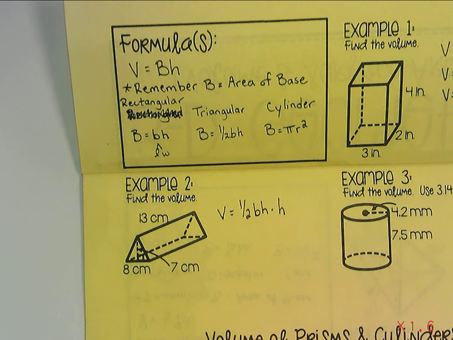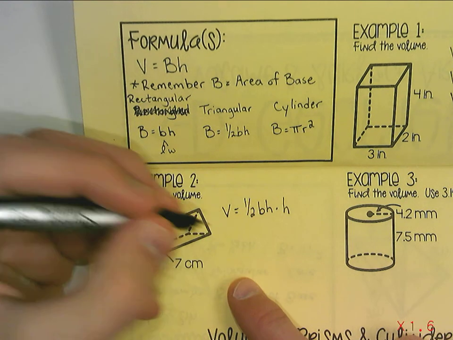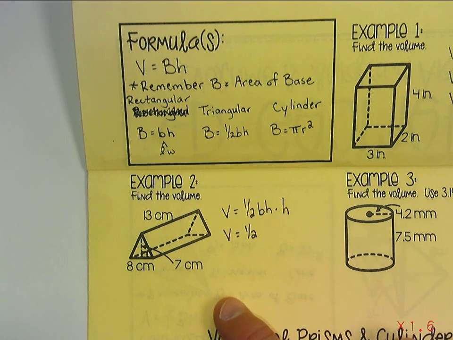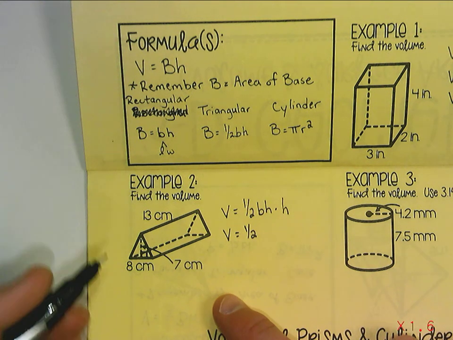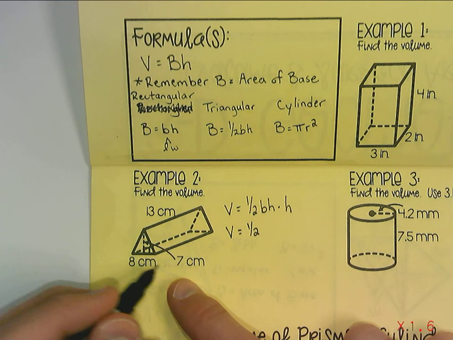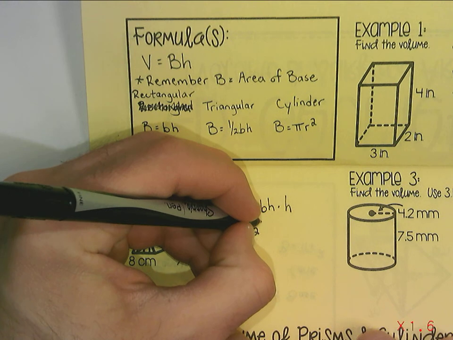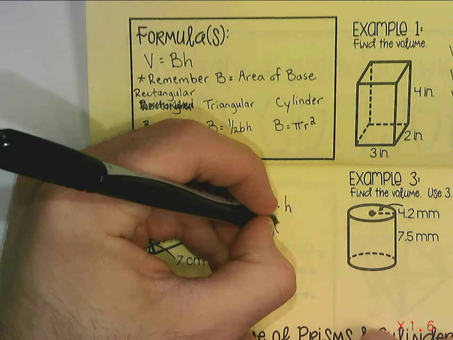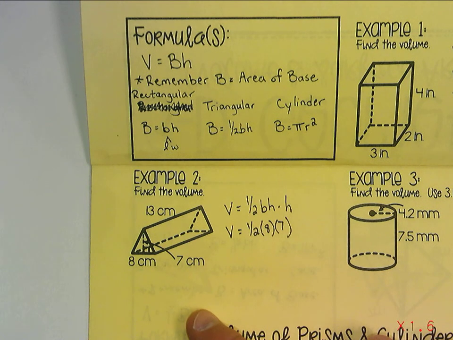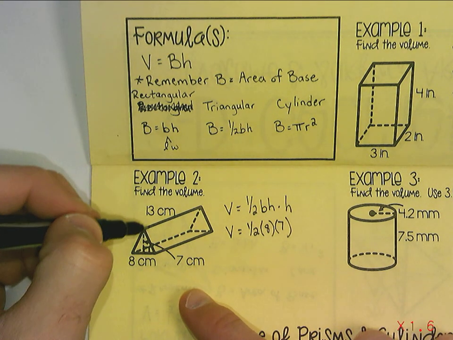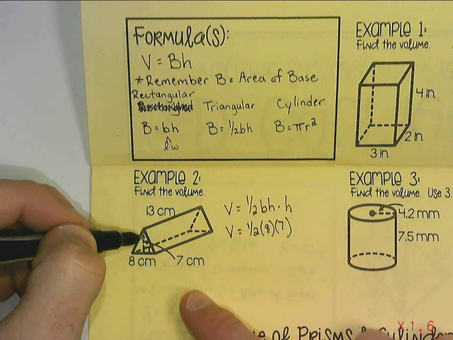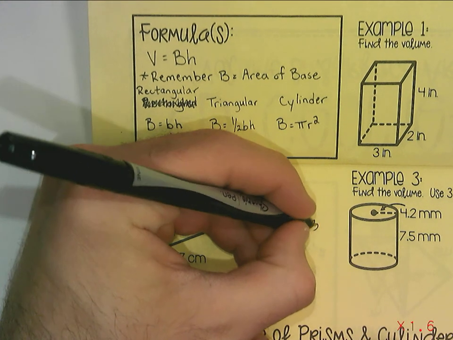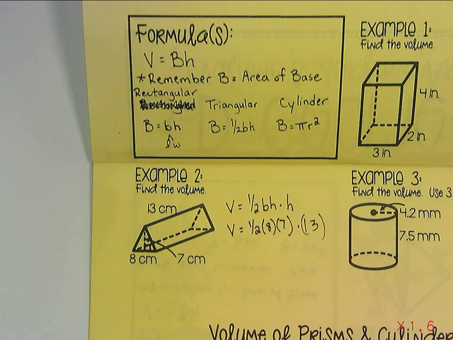And then let's fill in what we have here. Volume equals 1/2. The base of this one, we're looking at the triangle here, so the base is 8 centimeters. 1/2 times 8 times the height of that, which is 7. And then you're looking at the height of the prism itself, how tall it is. If we stood this up, it would be 13 centimeters tall. So times 13 over here.